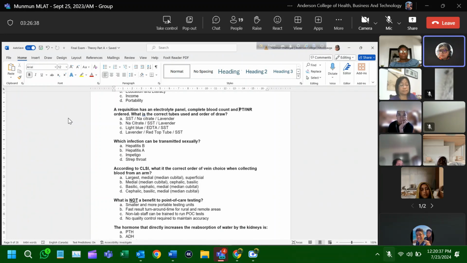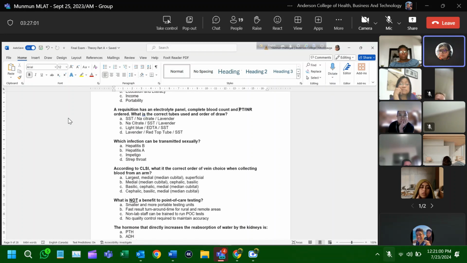But in this question, as per the question, you have to draw one light blue, right? Which is the sodium citrate. Then you have to draw the electrolyte, that is the serum separator tube. So you can use the SST or PST, and you have to do the lavender, right? So what is the best choice here?